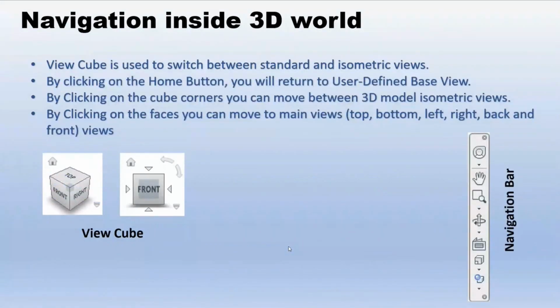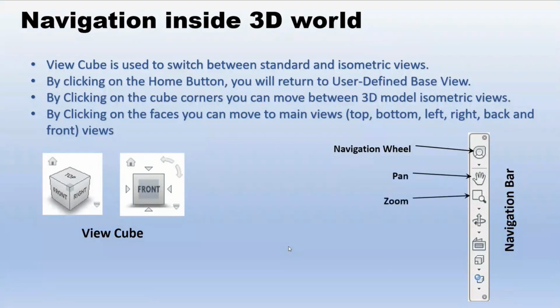So the first tool is the View Cube, and we have another tool which is the navigation bar. The navigation bar includes the navigation wheel, and we will discuss the options inside this navigation wheel.